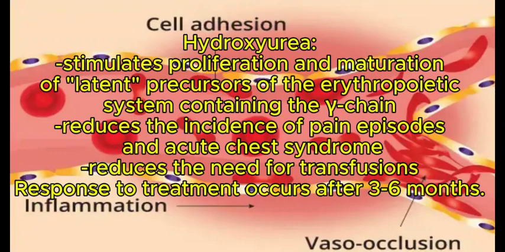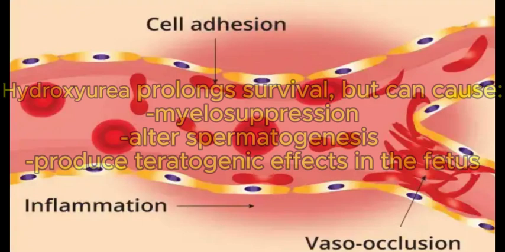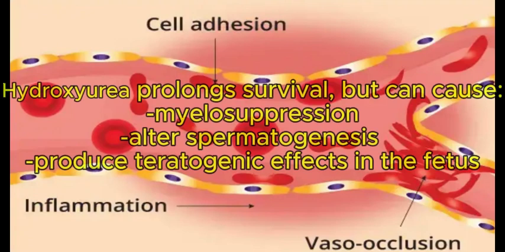It is usually administered at an initial dose of 15 to 20 mg per kilo per day. Response to treatment occurs after 3 to 6 months. The drug prolongs survival, but can cause myelosuppression, alter spermatogenesis, and produce teratogenic effects in the fetus.